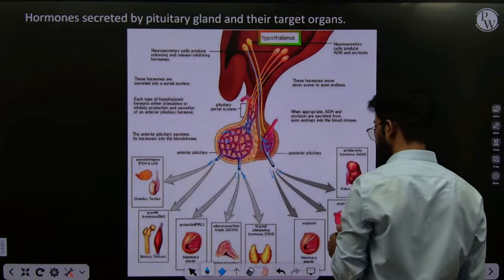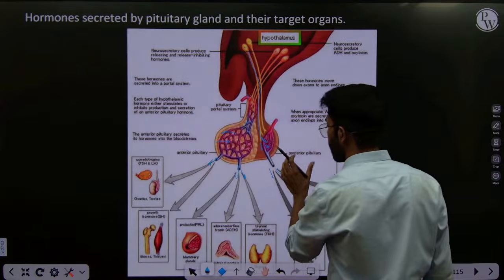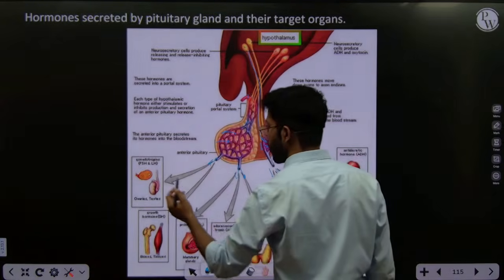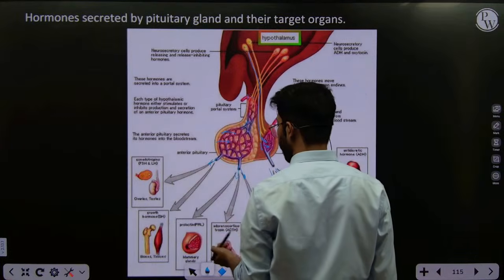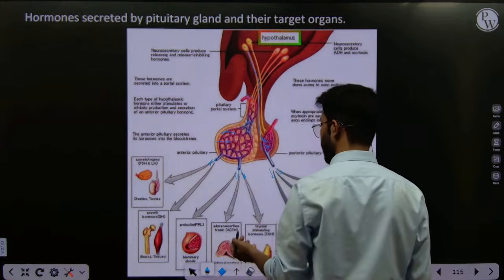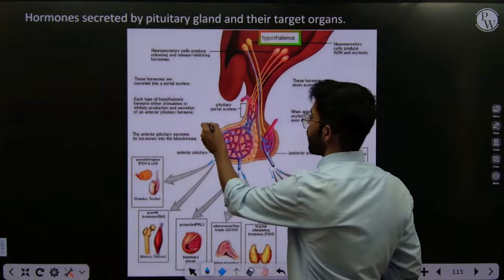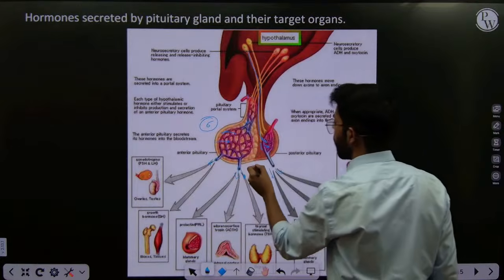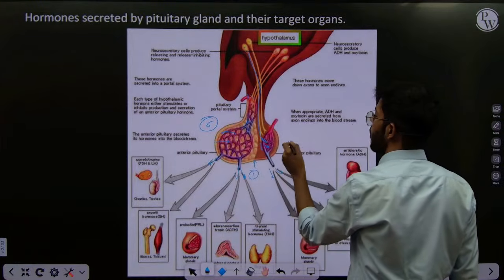From the posterior pituitary we have oxytocin and ADH, and from the anterior pituitary we have gonadotropins, that is FSH and LH, growth hormone, prolactin, adrenocorticotropic hormone, and thyroid stimulating hormone. So from the anterior pituitary we have six different hormones, from the middle lobe we have one, and from the posterior lobe we have two.